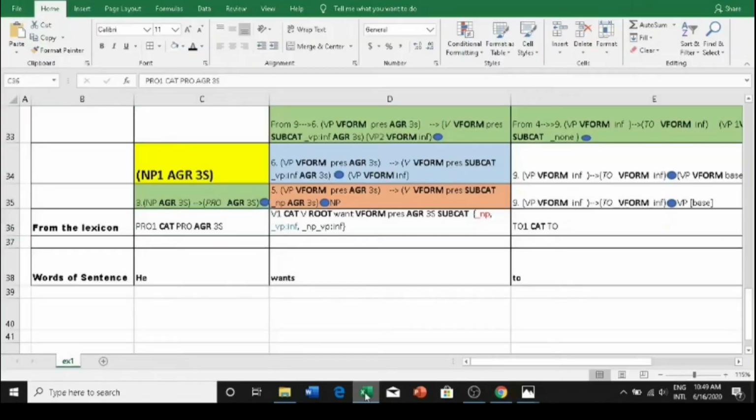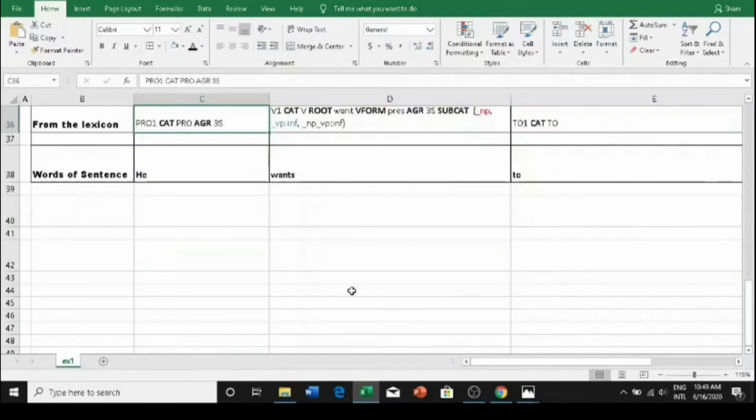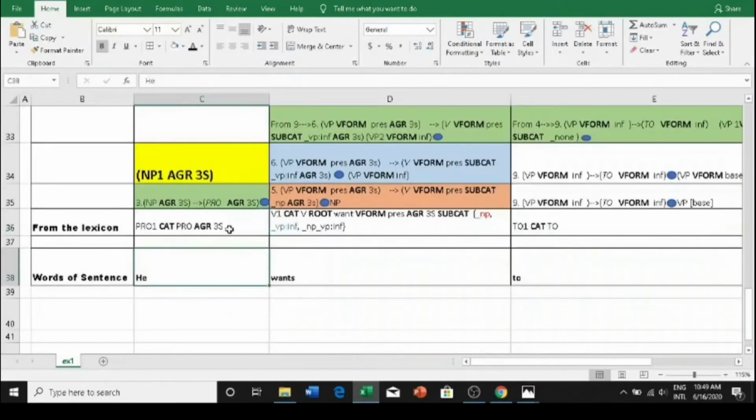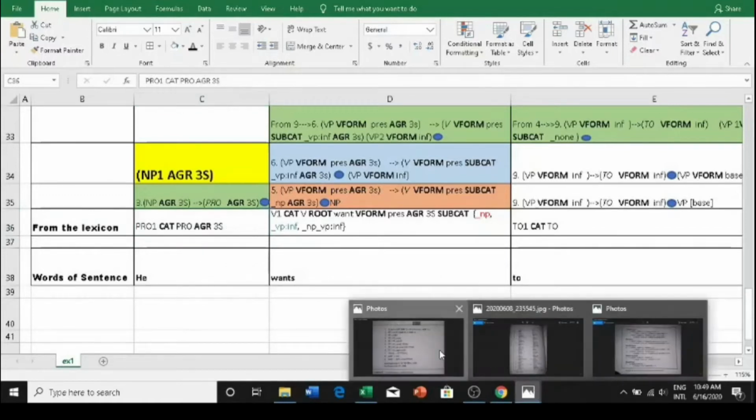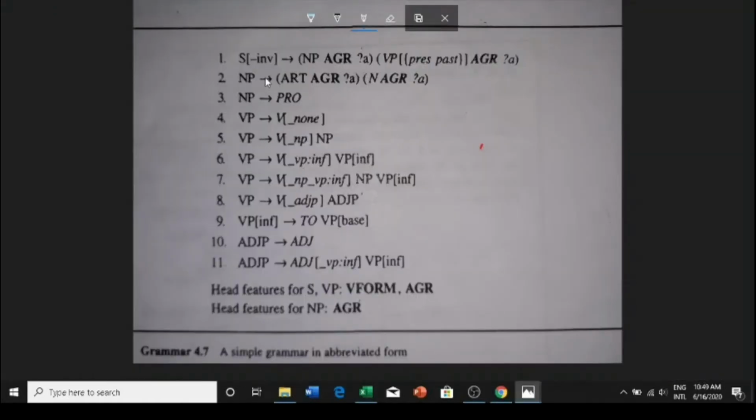With that introduction, we will see how we can go through these parts. We have a pronoun here, "he". First of all, we need to find a rule from the grammar that has a pronoun on the right. If you look through all these rules, we have rule number 3. This one has a pronoun on the right.